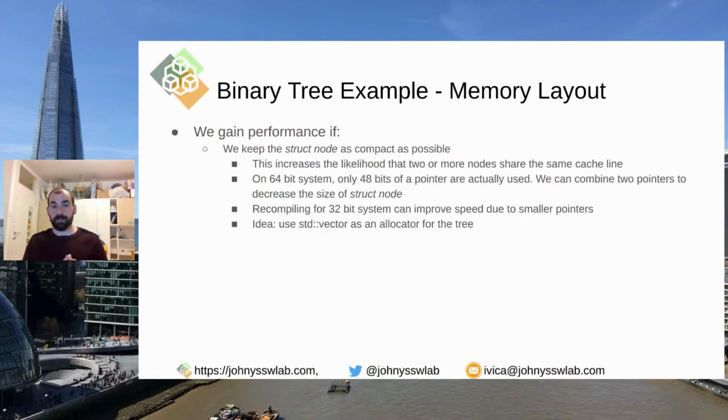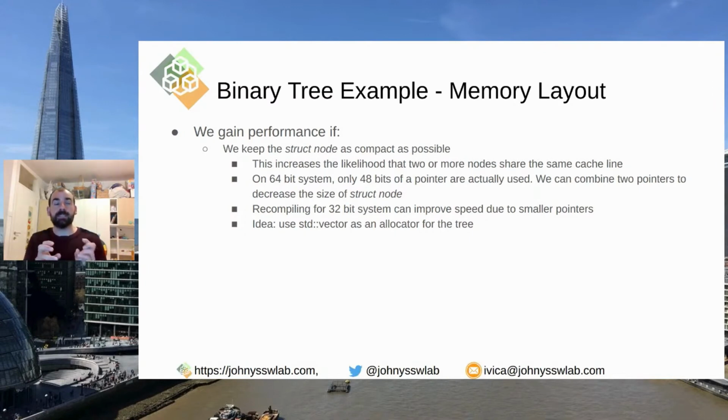On a 64-bit system, the struct node has left and right pointers, and each pointer is 8 bytes, so we're using 16 bytes of memory to keep pointers. On 64-bit systems, only 48 bits of a pointer are actually used. The upper bits are zeros. That means you can combine two pointers to decrease the size of struct node.